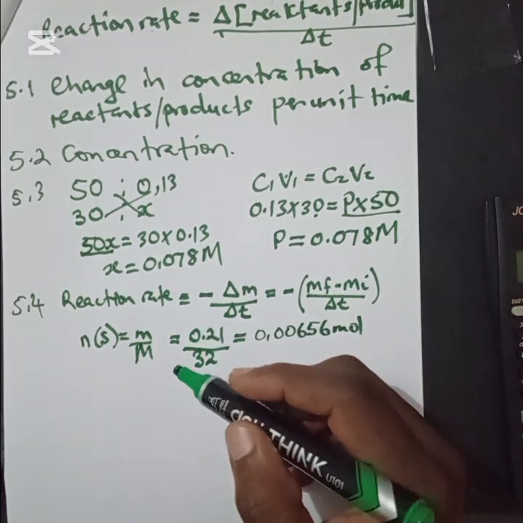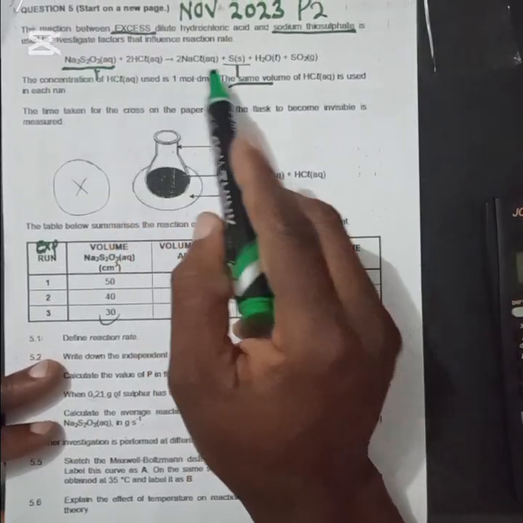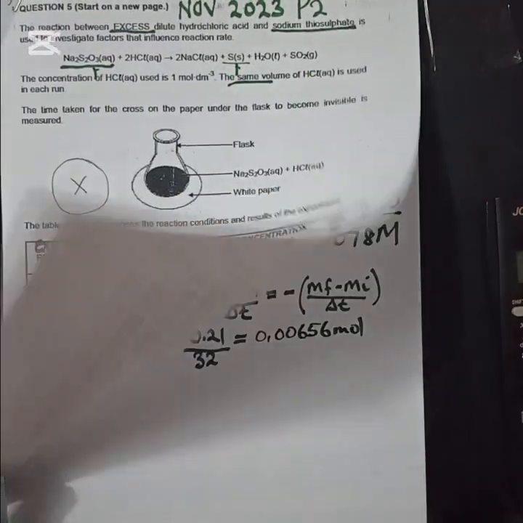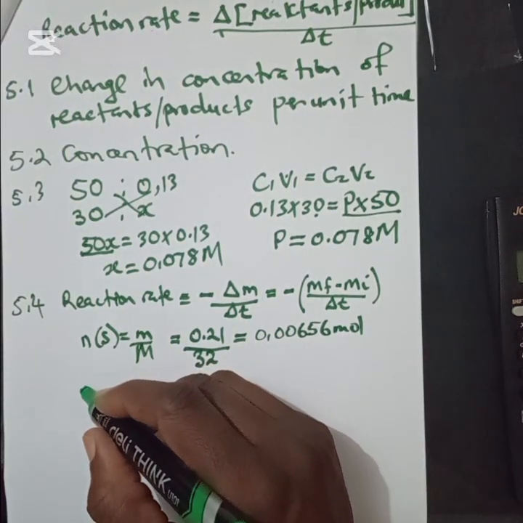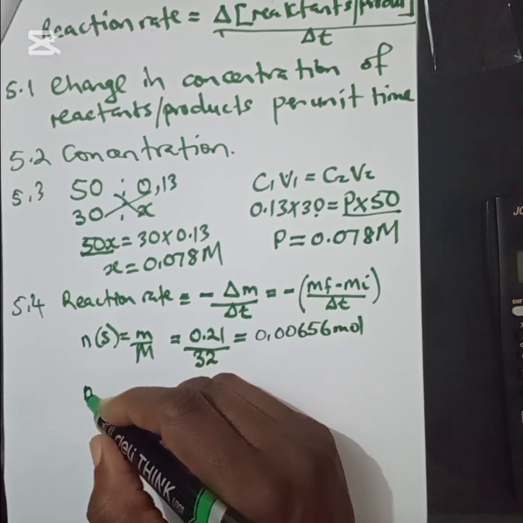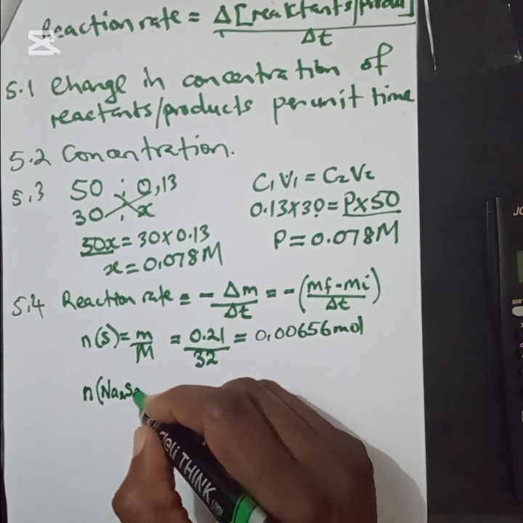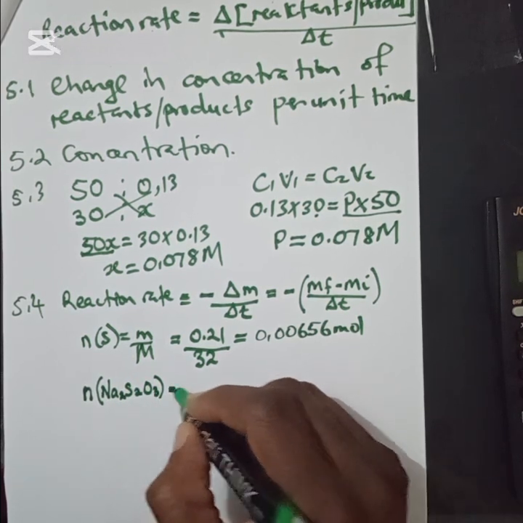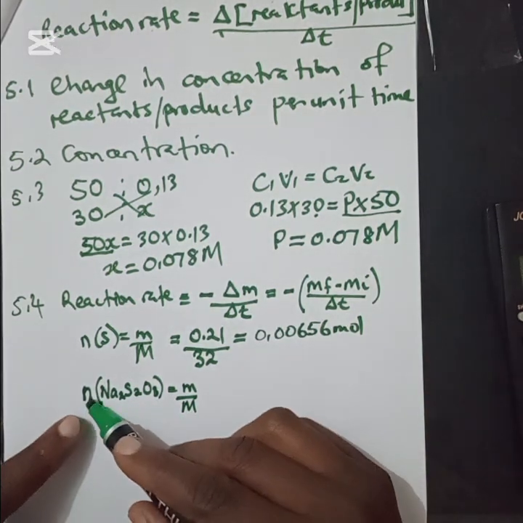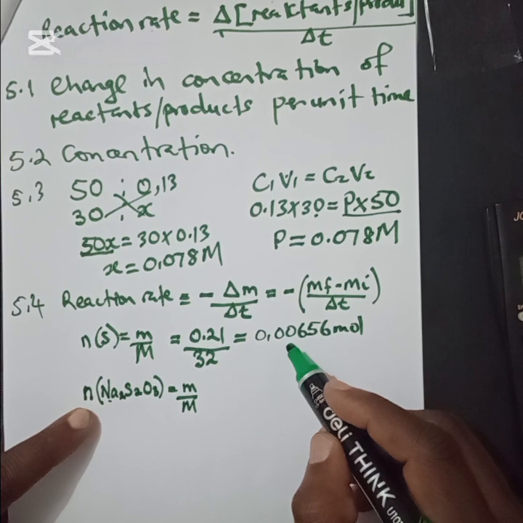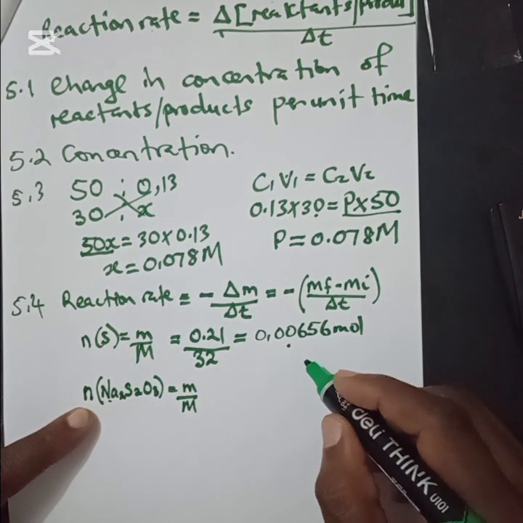So this is also the number of moles of sodium thiosulfate, because the ratio from the balanced equation of sodium thiosulfate to sulfur is 1:1. So the mass of sodium thiosulfate, Na2S2O3, equals mass over the molar mass. The number of moles of sodium thiosulfate is the same as the number of moles of sulfur because of the ratio 1:1.